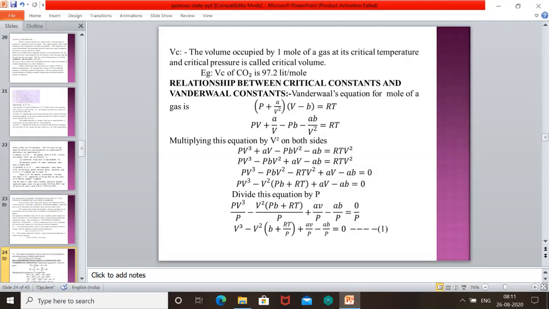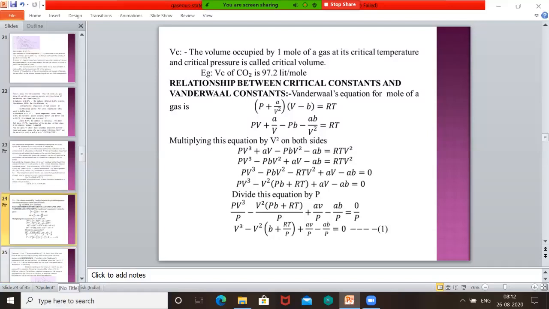We arrange it in the decreasing order of powers of V: V², V. And we divide the equation by P so that we can make the coefficient of V³ as 1. So it became V³ − V²(b + RT/P) + aV/P − ab/P = 0. So try to practice this. This is the important part.